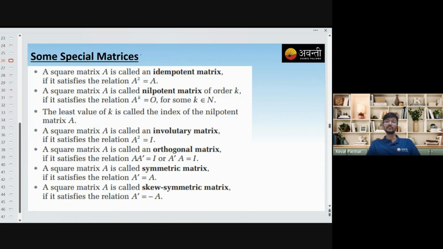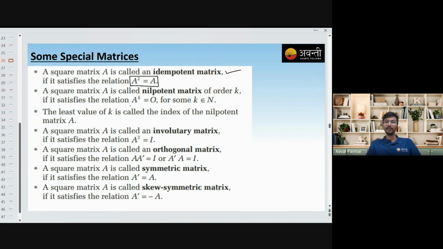Next are some special matrices. Please look at this, guys. Idempotent matrix. What is meant by idempotent matrix? It is when the square of a matrix is the matrix itself. That is A square is equal to A. Nilpotent matrix.